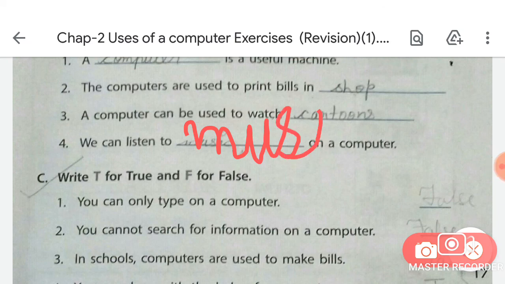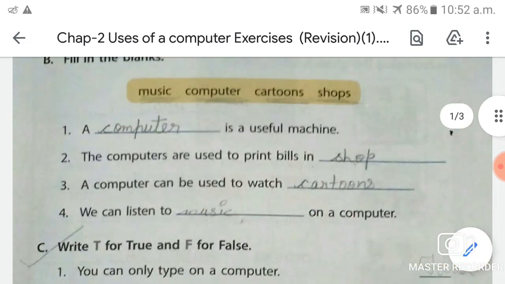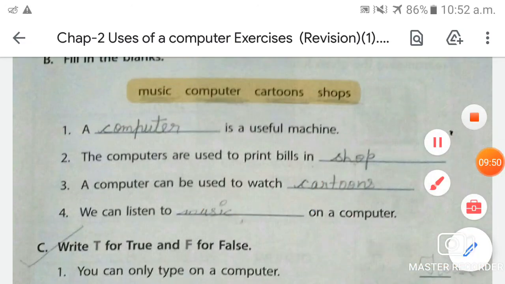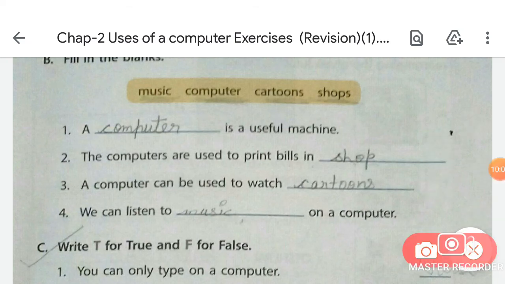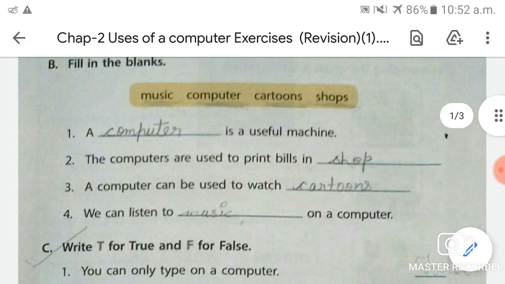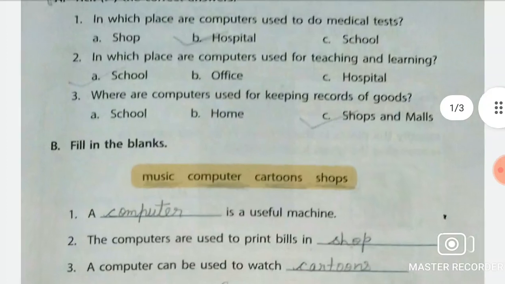What is the spelling of music, students? The spelling of music is M-U-S-I-C, music. Very good.